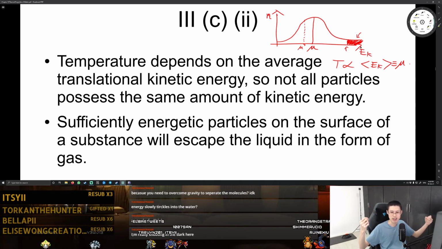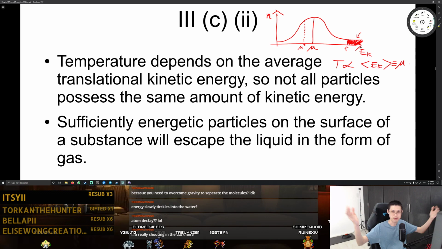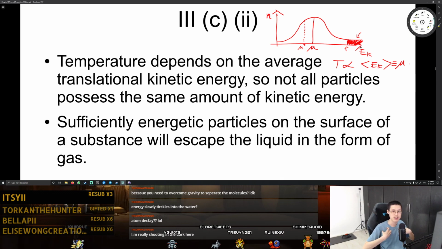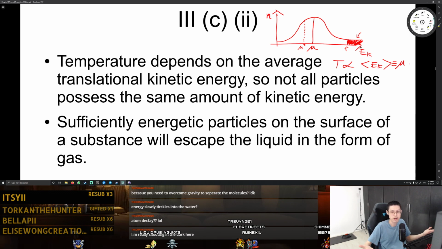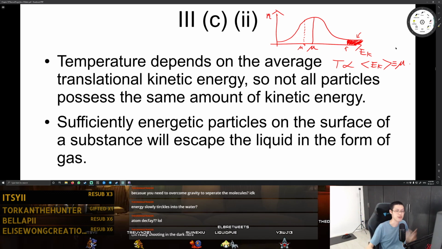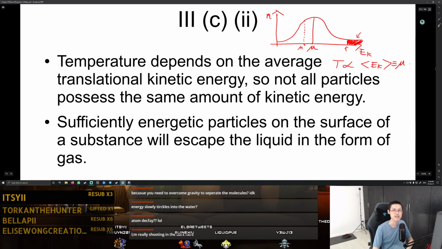The energetic particles evaporate, which means the mean kinetic energy of the water molecules in your body decreases, which means your body temperature decreases, which is kind of the point of sweating, because your body is heating up when you run and do all this exercise. So you want to sweat to reduce your body temperature. So there you go. Okay.